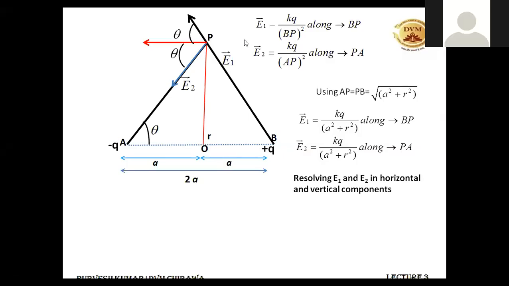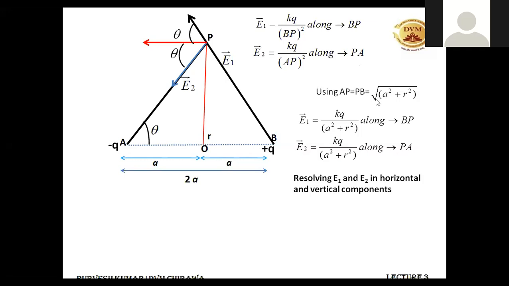See, in the previous slides, what we have done is that we have calculated E1, that is KQ upon BP square, and it is along BP, and E2 was KQ upon AP square along PA. Then we put the values of AP and BP, which come out to be root of A square plus R square.